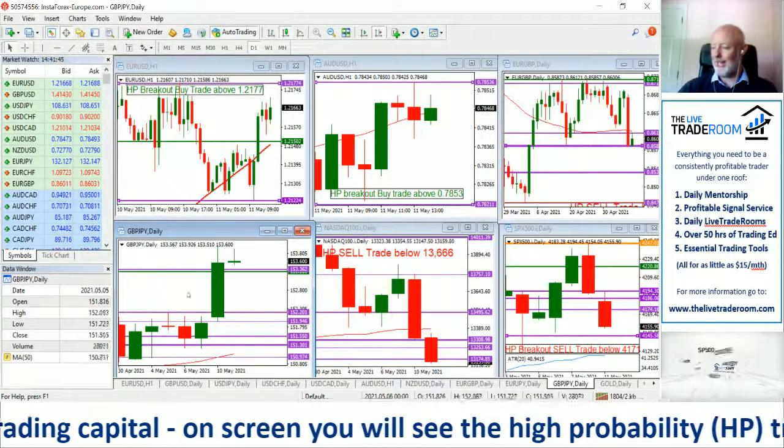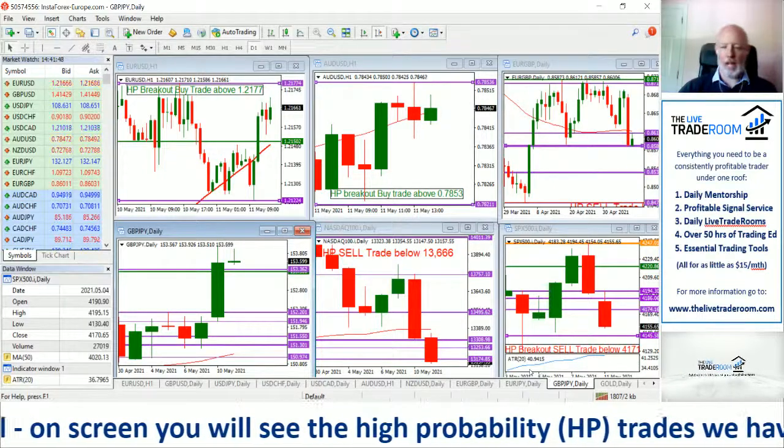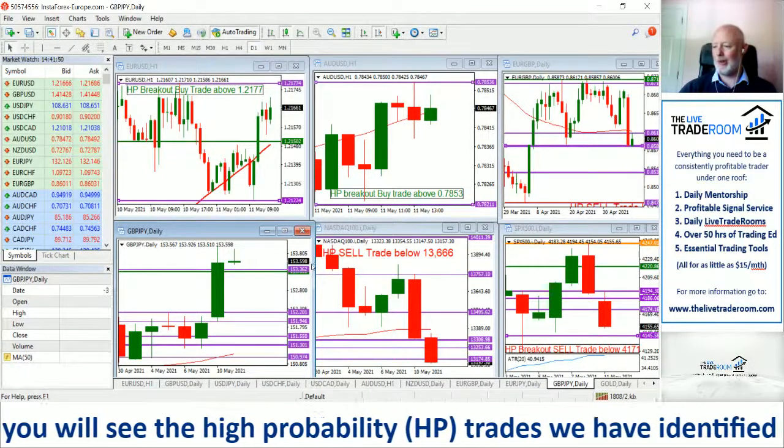Let's see what's going on with this yen. Are we beginning to see some capital creep into the yen perhaps?